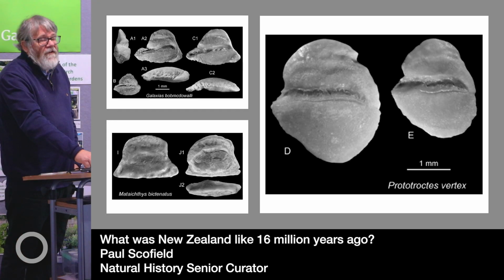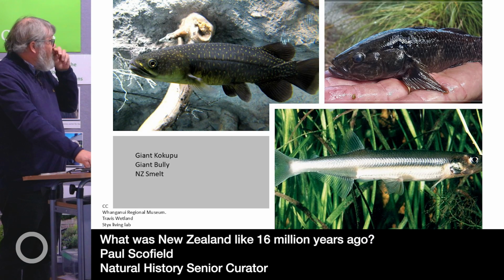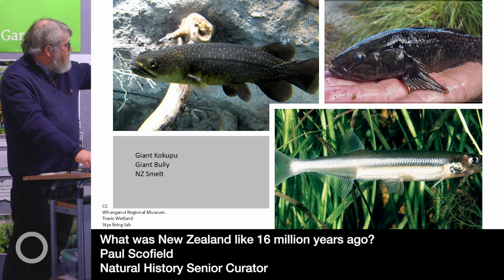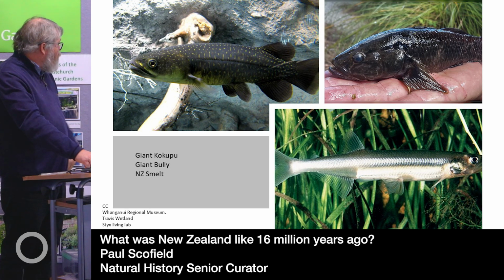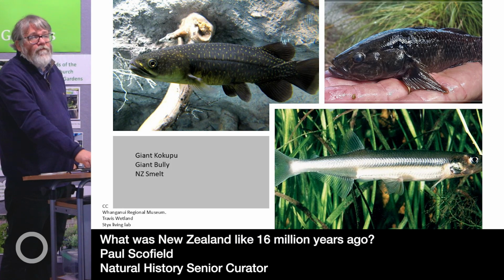And these are by far the commonest fossils, both the otoliths and the tiny vertebrae that fish have, the most common fossils found in the lake. These are their living relatives today, the galaxids, the gobies, and the graylings, or smelt. And all 3 of these are around today, but in slightly smaller forms.